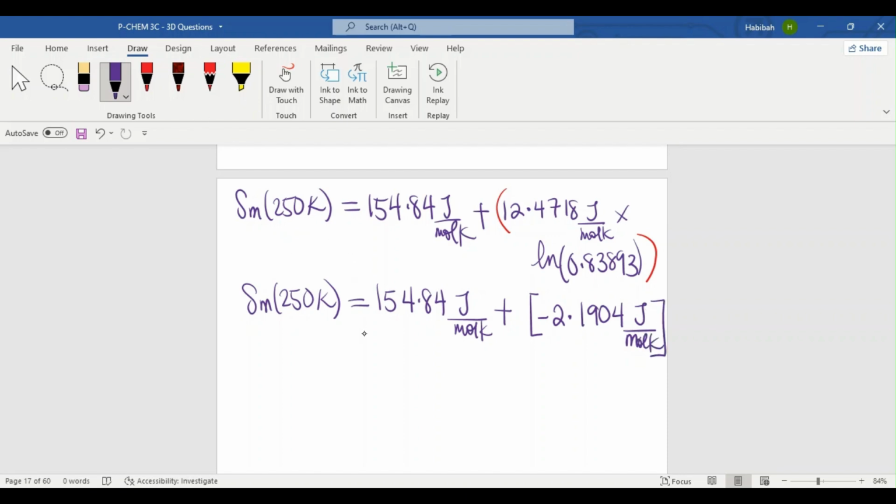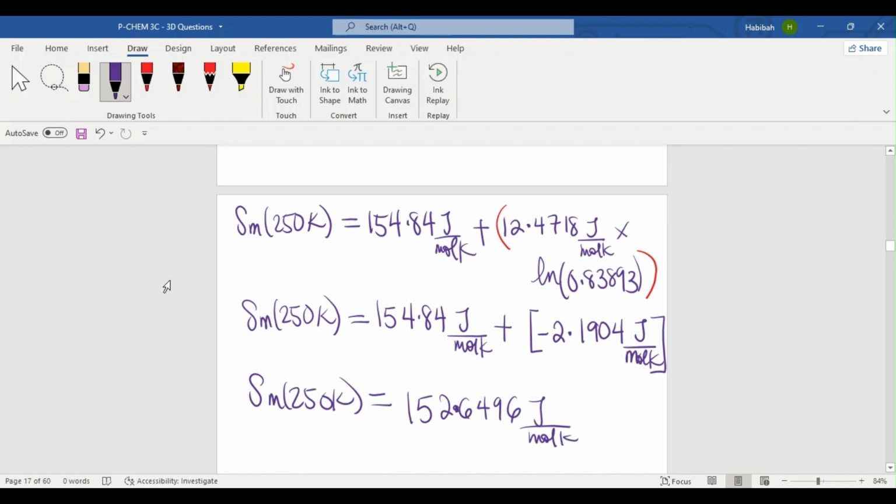So 154.84 joule per mole Kelvin minus 2.1904 joule per mole Kelvin is just simply going to give you 152.6496 joule per mole Kelvin.